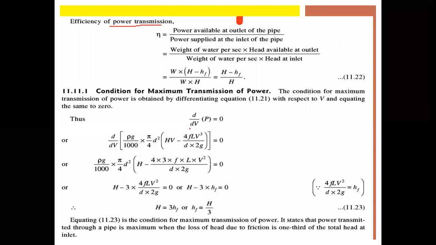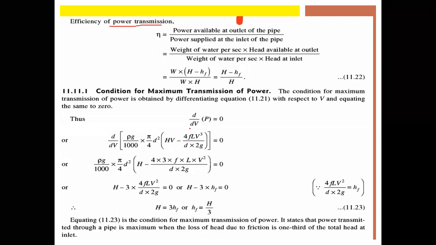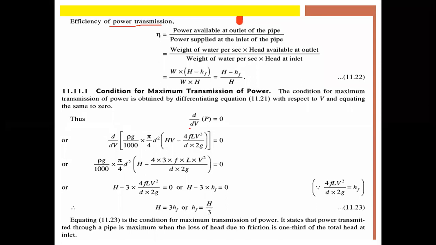Power is equal to weight of water per second into head available, divided by weight of water per second into head at inlet. Now W into capital H minus HF divided by W into H, that is equal to H minus HF by H.